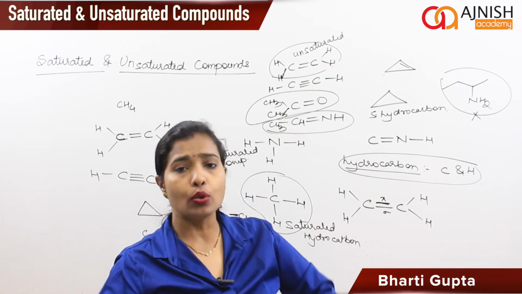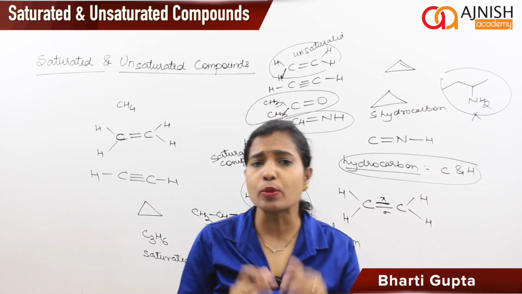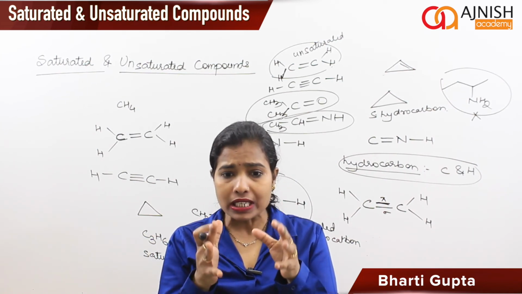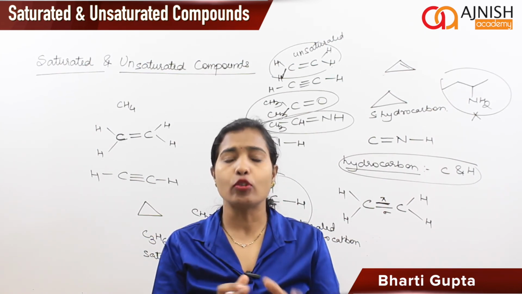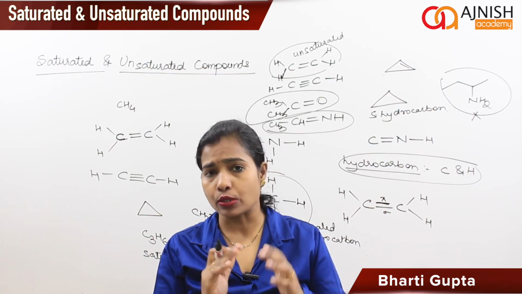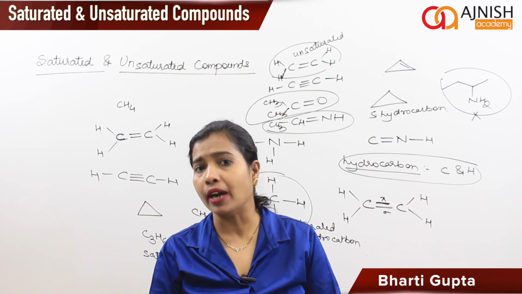So while solving the questions, we must be very careful about what is asked. We don't have to only see saturated or unsaturated. We have to read the question very carefully. It is asked whether it is a saturated compound or a saturated hydrocarbon.